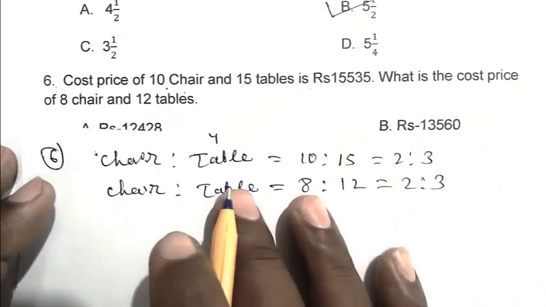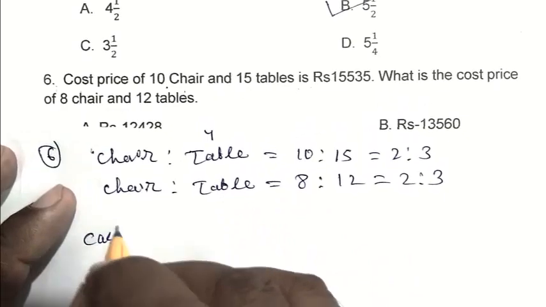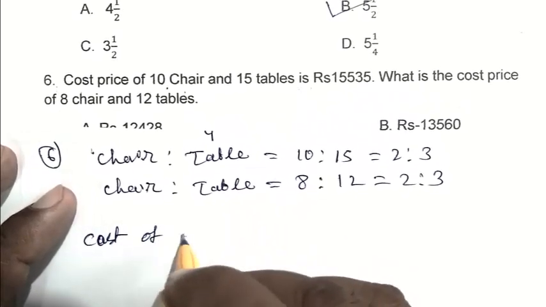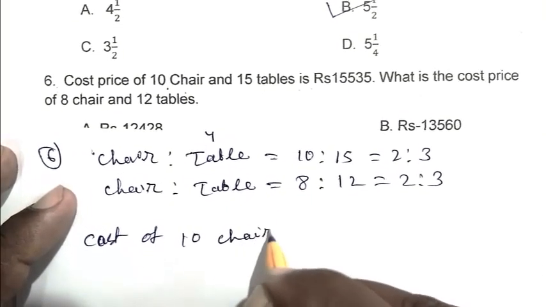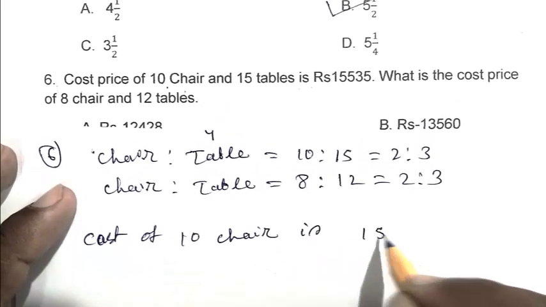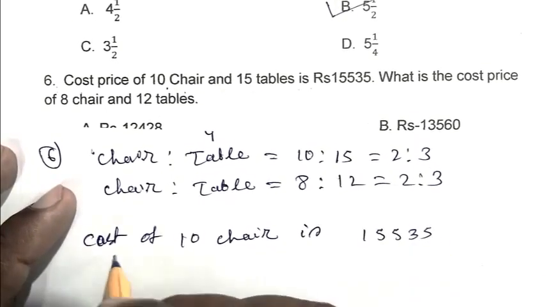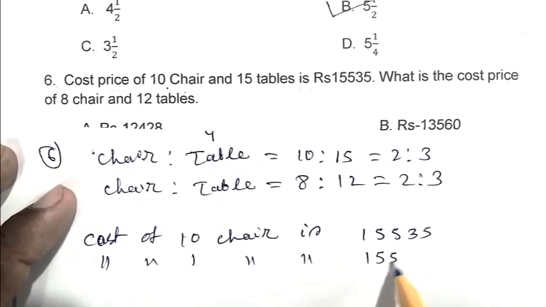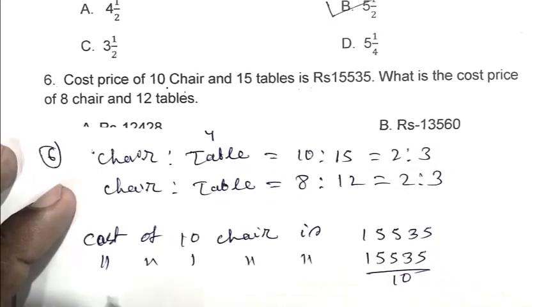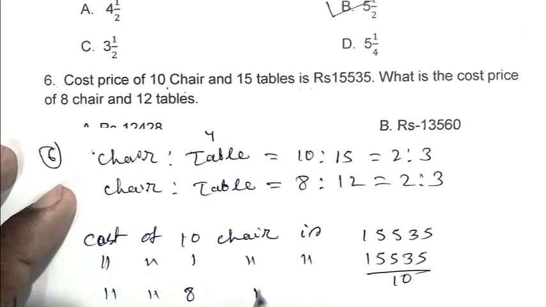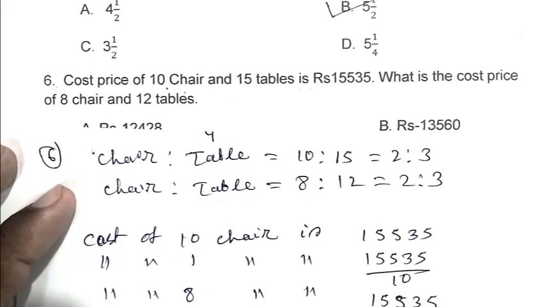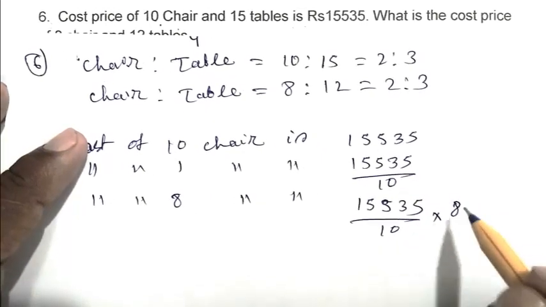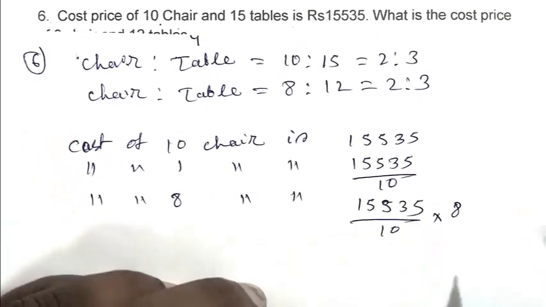So cost of 10 chairs is 15,535. Cost of 1 chair is 15,535 by 10. Cost of 8 chairs is 15,535 by 10 into 8.